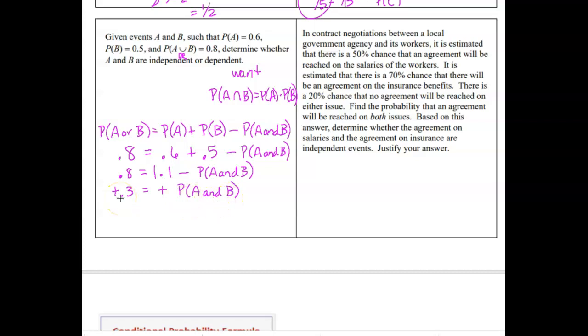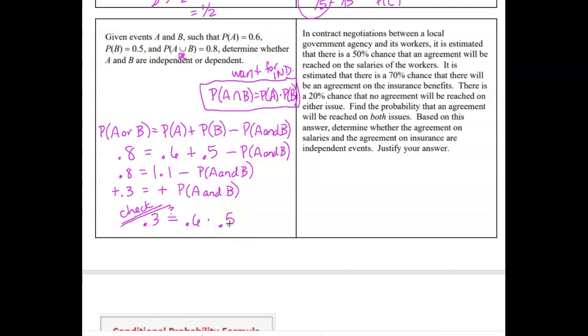Okay, so now we want to determine if this equation is true, because then it would be independent. So for independence, the probability of A and B, which is 0.3, so I'll just put check, so we know that we're actually determining: is this equal to the probability of A times the probability of B?